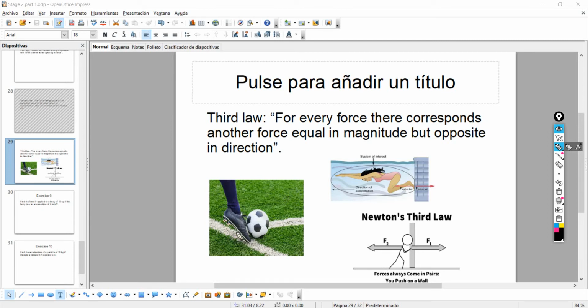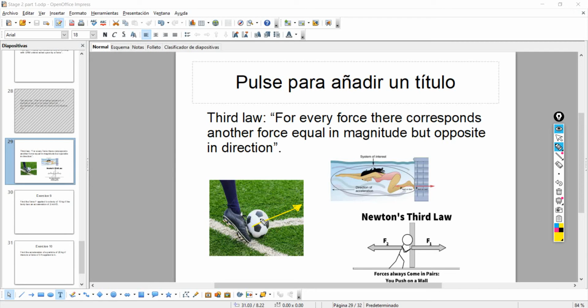When this foot applies a force on this ball, let's suppose that the force is along this direction. So what I'm doing here is representing with this arrow the force that the foot applies on the ball. It's a visual representation of that idea.